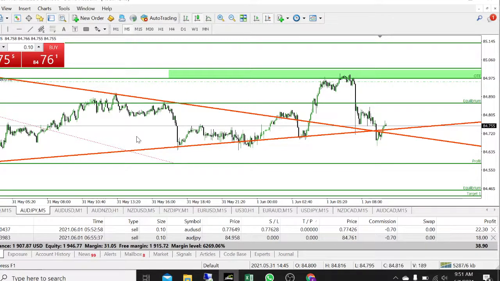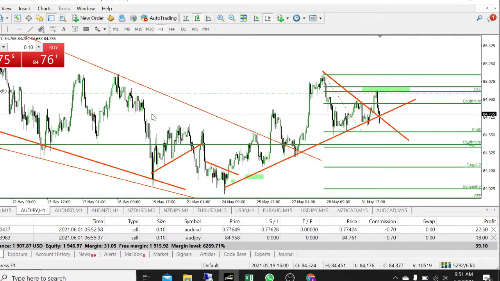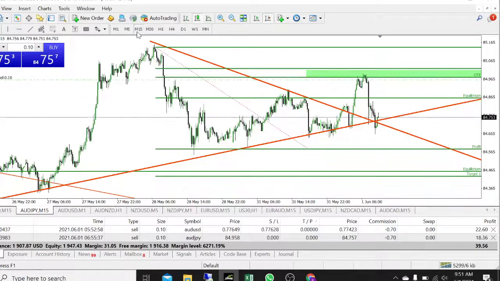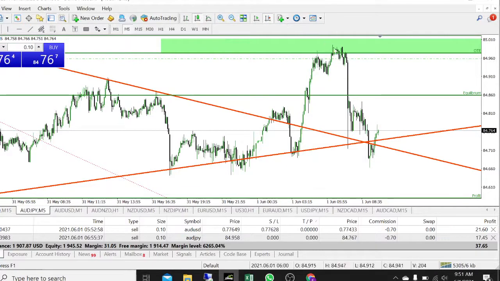Also, this is AUD JPY. I used the same analysis for the hourly chart, and you can see that it was moving on the upside, seeking the optimal trade entry, and this trend line was confirming that the trend was on a down move, and that's why I entered this trade. So looking at the 15-minute chart, this is the region where I sold, and looking at the 5-minute chart, this is the region again where I sold.